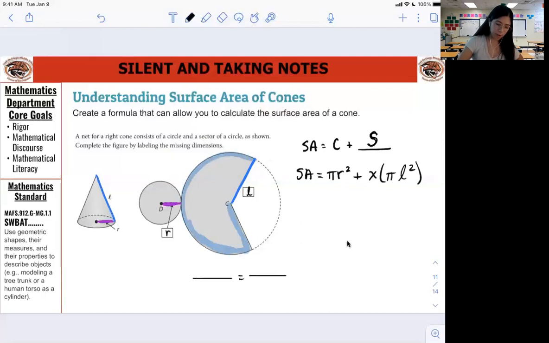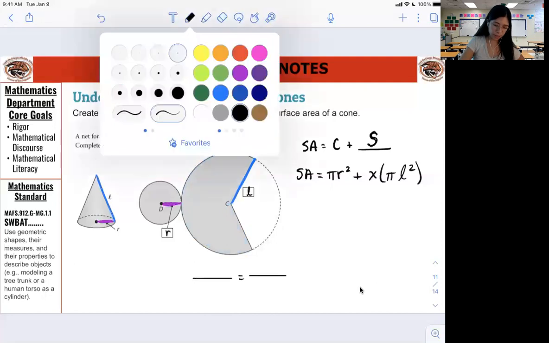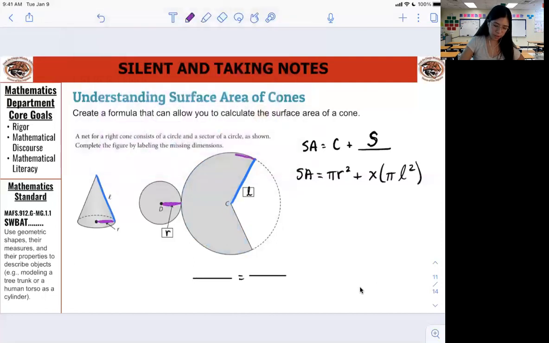And I don't think we're going to have time, which is fine. We can do this tomorrow. But just to start setting it up really quickly, here's my last question. Can anybody tell me what this is going to be? So picture your party hat. You just cut it and you opened it all flat.